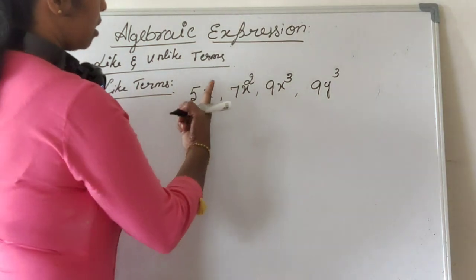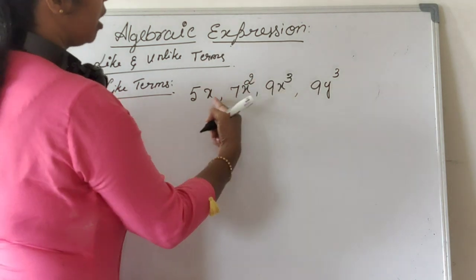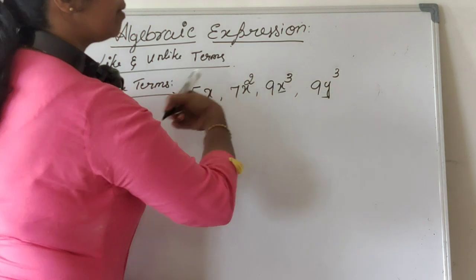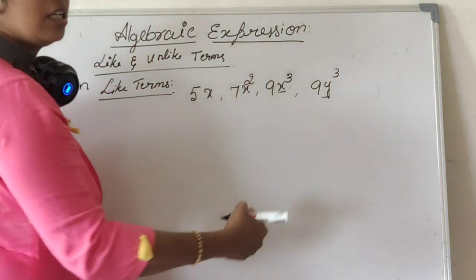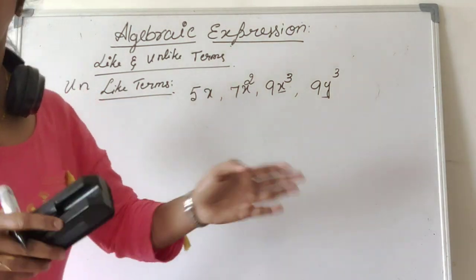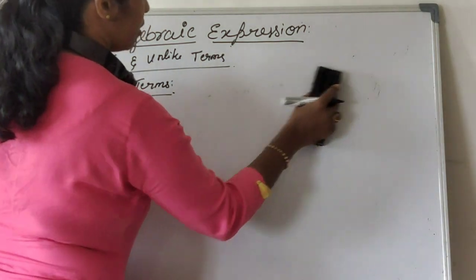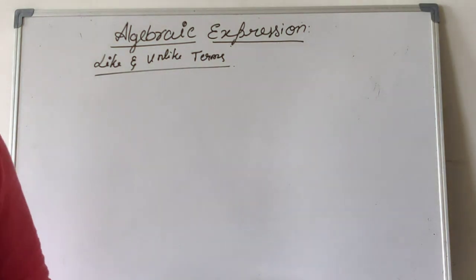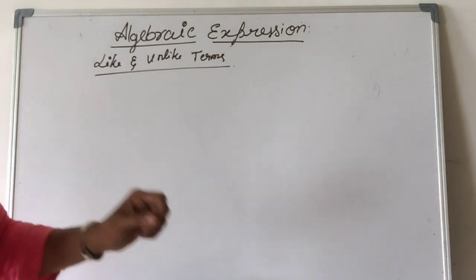Understood? But not all are same. Which is not like, that is an unlike term. Terms having different exponents or different variables are called unlike terms.